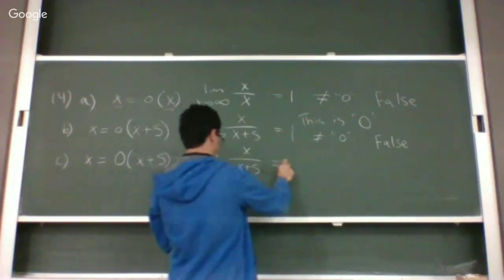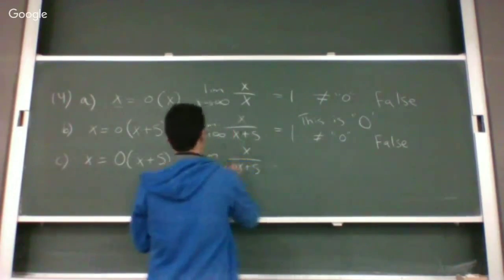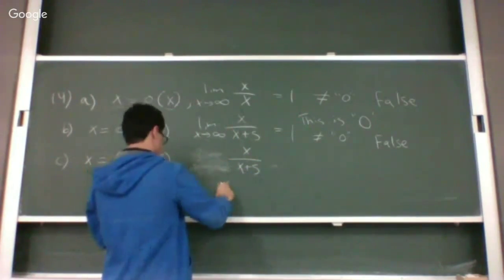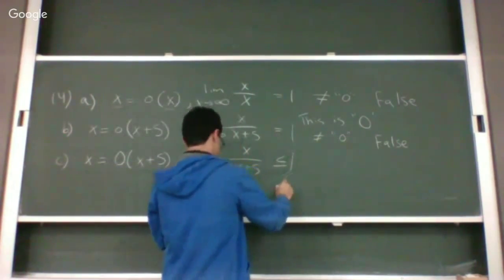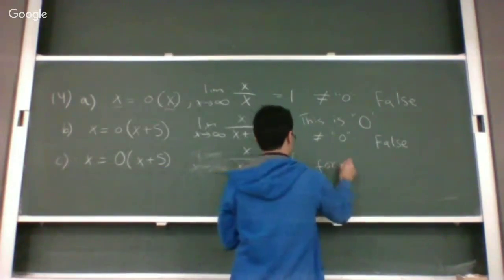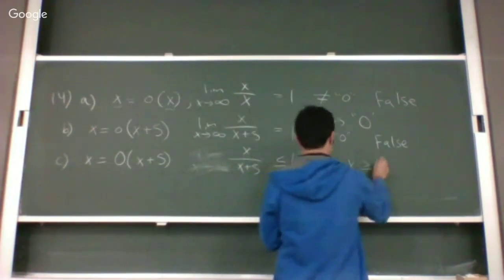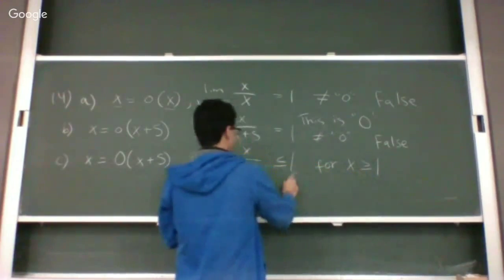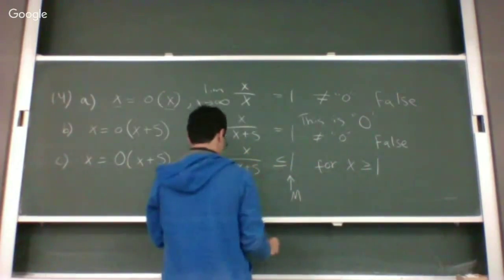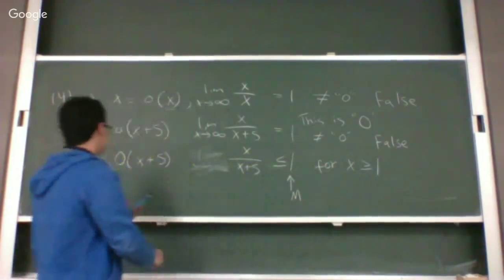We can just say x over x plus 5 is less than or equal to 1 for x greater than or equal to 1. This 1 would be our m value. So this is a true statement.